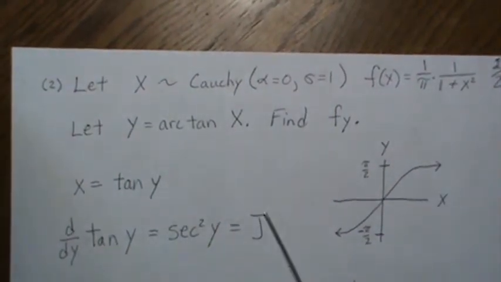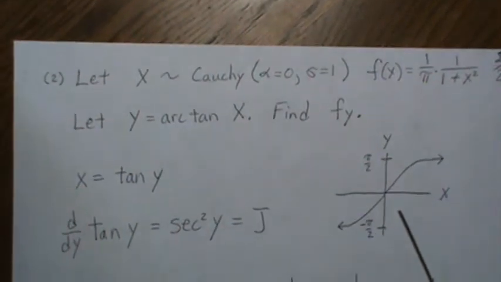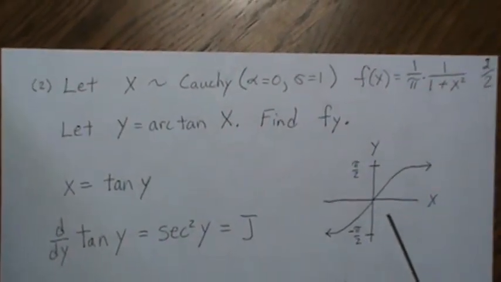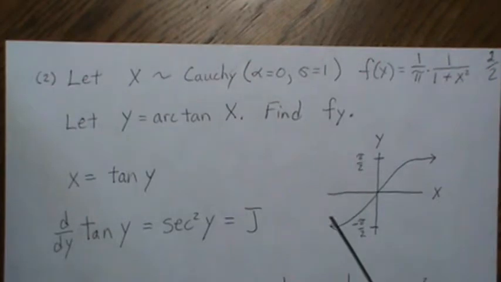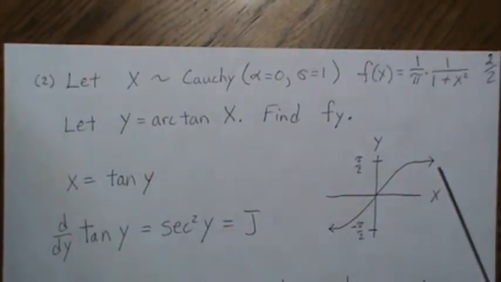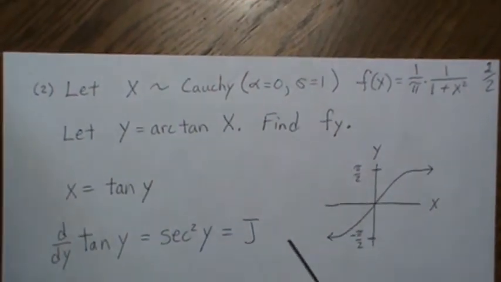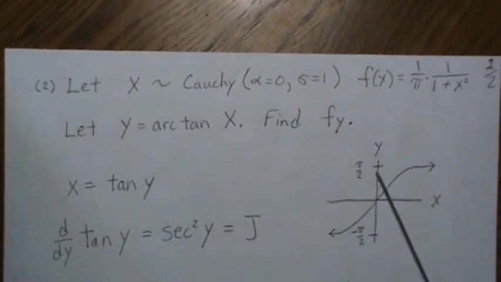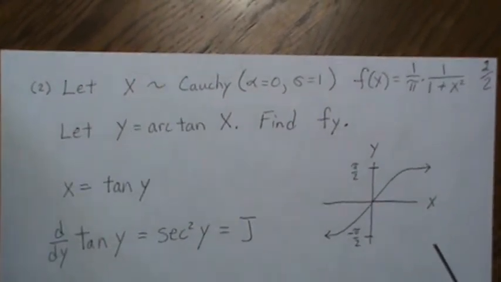It goes from negative infinity to infinity. And if we plot the arctangent of X, it is this, and it limits to pi over 2 and minus pi over 2. Those are actually horizontal asymptotes.